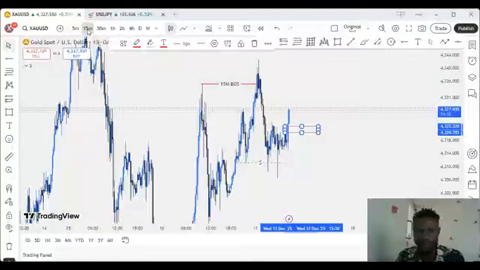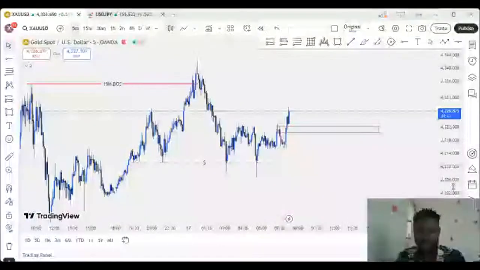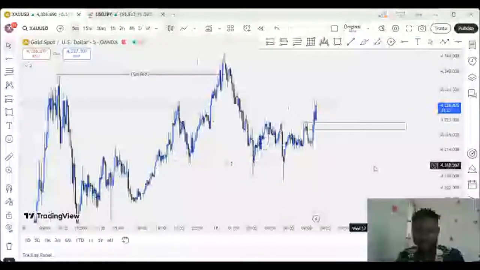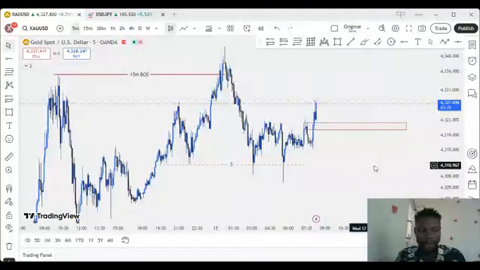Okay, we are having a very good run. Let's see how this candle will close. It's possible for us to go in.